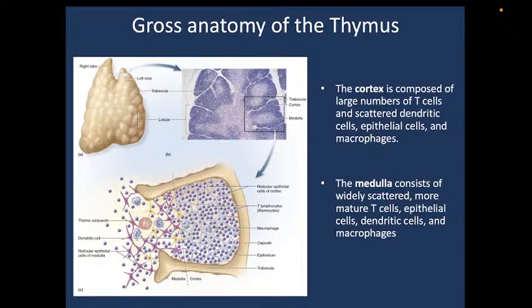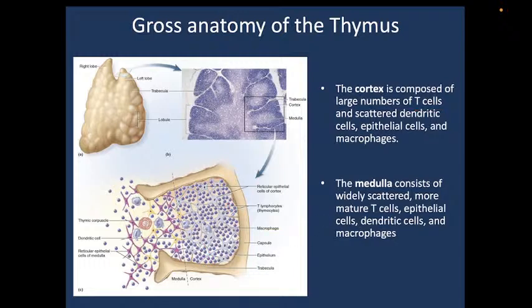Cortex is composed of large numbers of T cells and scattered dendritic cells, epithelial cells, and macrophages. Here the blue cells are the T cells. But also we could find macrophages and some epithelial tissue, usually like a supporting structure for T cells.